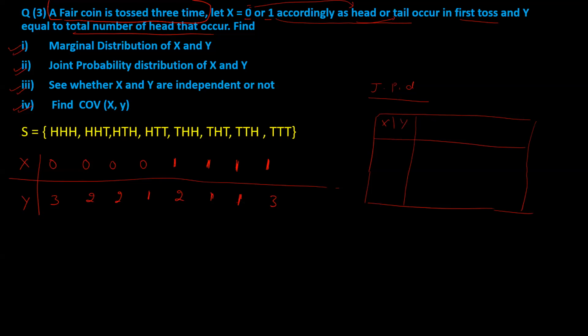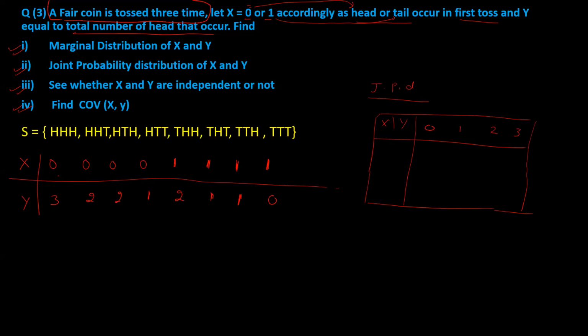What is the range of y? 3 heads, 2 heads, 2 heads, 1 head. In this case it is 0 heads, I'm sorry. So the range of y will be 0, 1, 2 and 3. So y can take values 0, 1, 2 and 3.